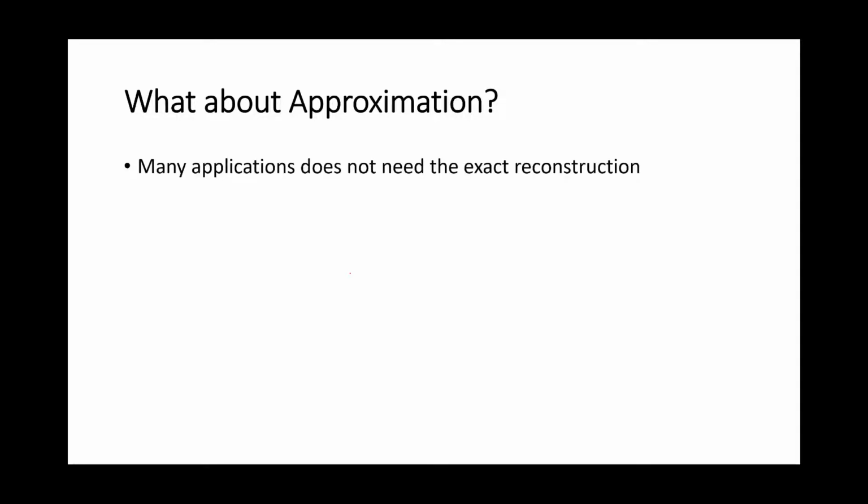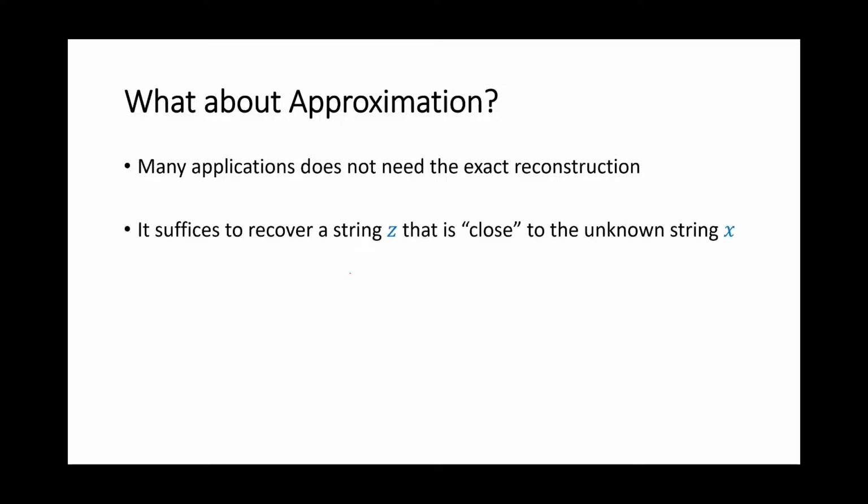Because many applications don't need the exact reconstruction. For example, in this DNA storage system, it is fine to reconstruct something which is very close to the stored data, because we use error correction in the pre-processing step. So it suffices to get back something close to the original data.